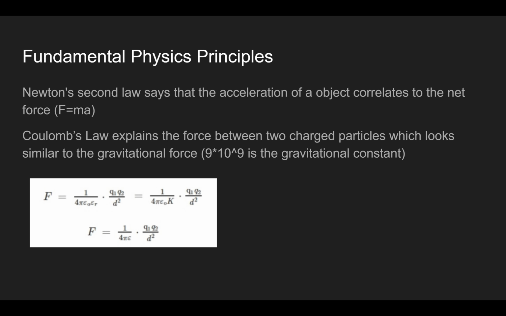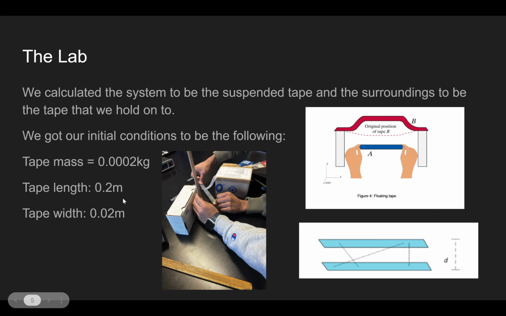Here you see 4 pi epsilon 0, which can also be known as K. That is 9 times 10 to the power of 9. So I have the formula here, where Q1 and Q2 are the two charged objects, and d squared is the distance between them.